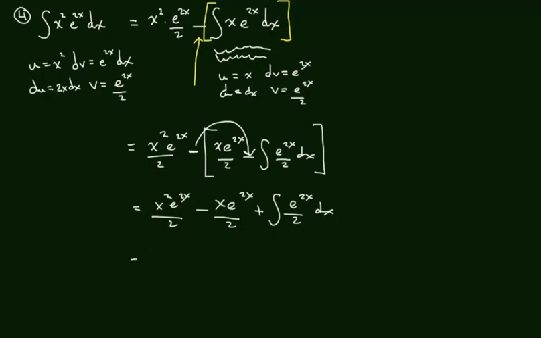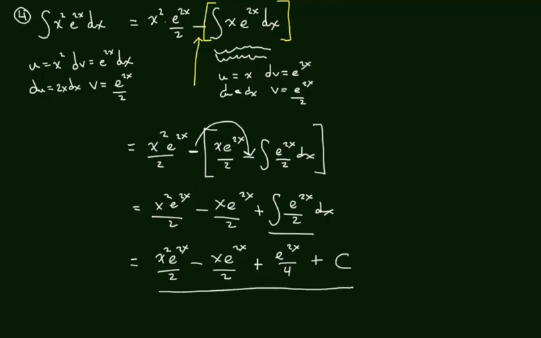So the last thing we need to do is a simple antiderivative on the last piece. So we have x squared e to the 2x over 2 minus x e to the 2x over 2 plus e to the 2x over 4 plus c. Hoo-yah. There we go. Example 4 done. And I'm not really sure what hoo-yah means. Perhaps I meant booyah.